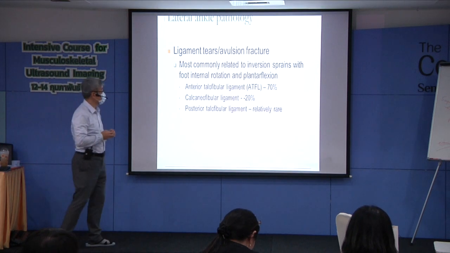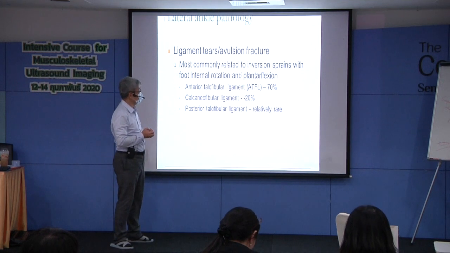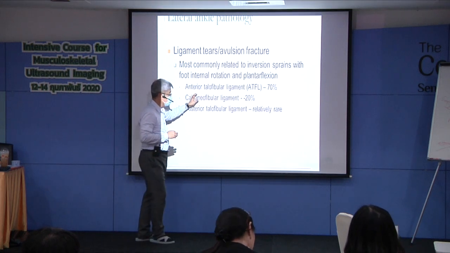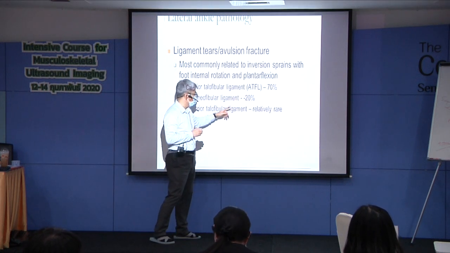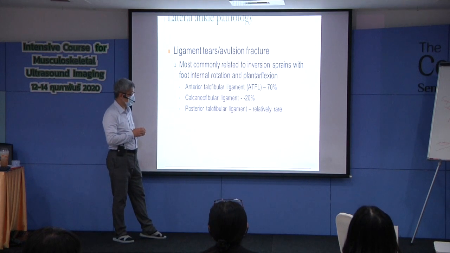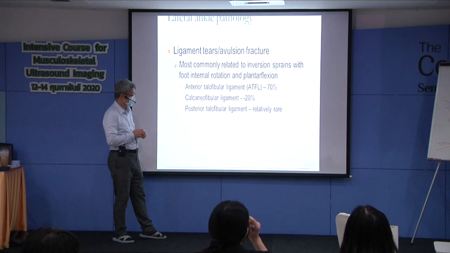Sometimes the ligament tears with sprain or avulsion fractures, and most of them occur in the ATFL. About 20% occur in the CFL, calcaneofibular ligament.